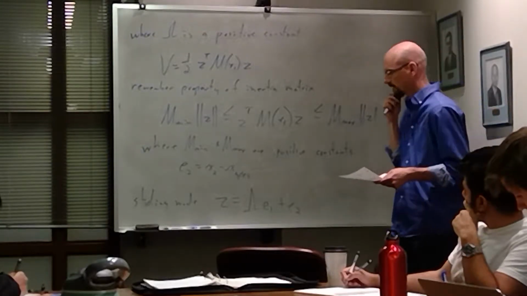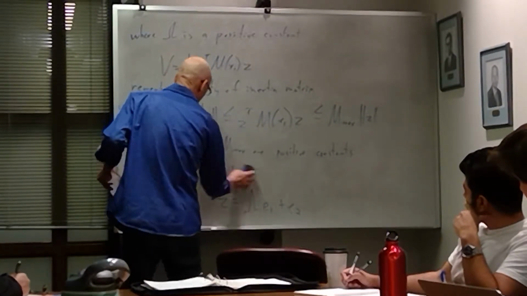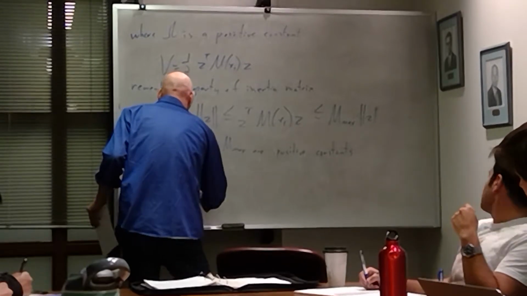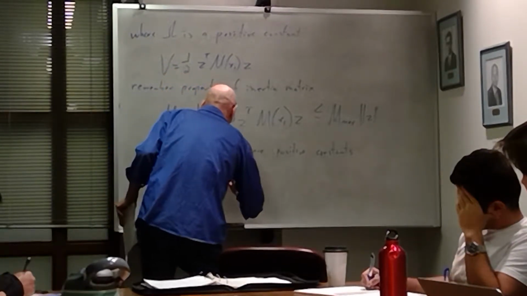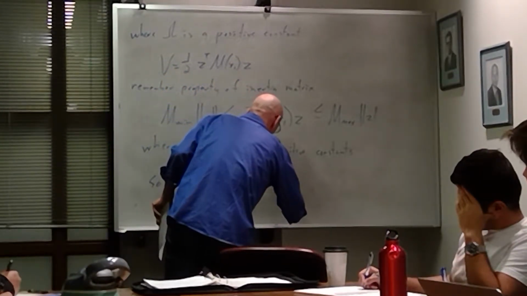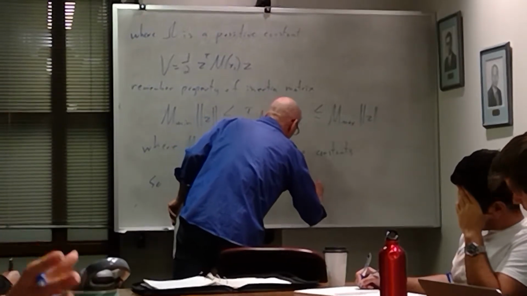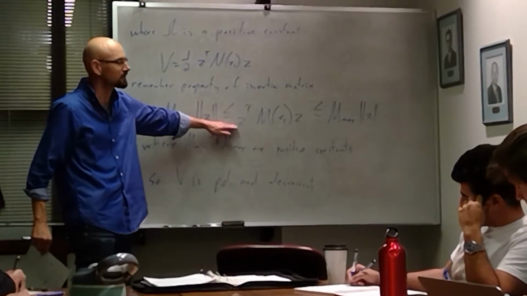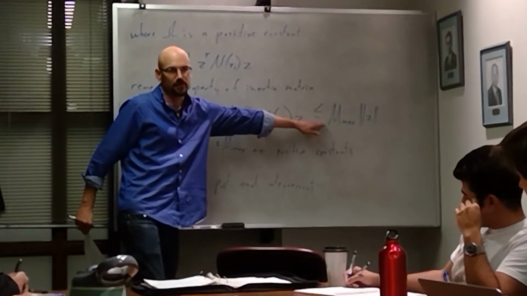So V is positive definite and decrescent. As soon as I write this, this part shows me it's positive definite, and this part shows me it's decrescent.